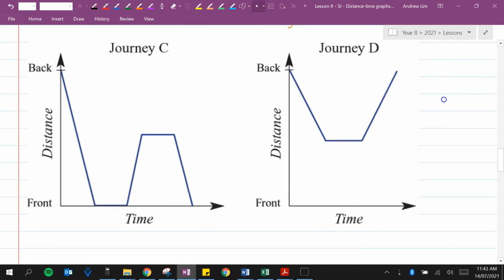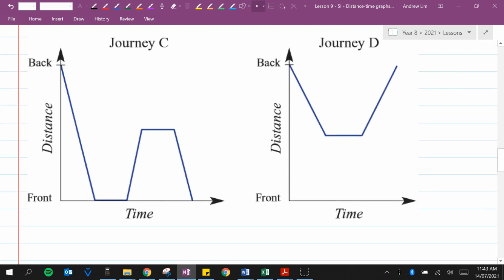Alright, Journey C and D. Let's pause this video and have a go at creating a story for each of these. Okay, let's have a look at Journey C. I'm just going to make one up. Let's say front is home and back is school.